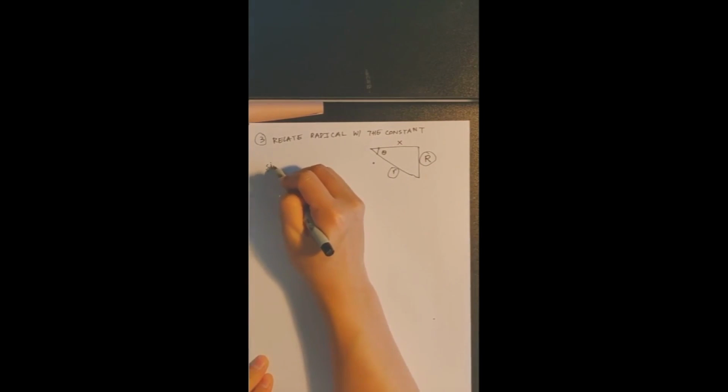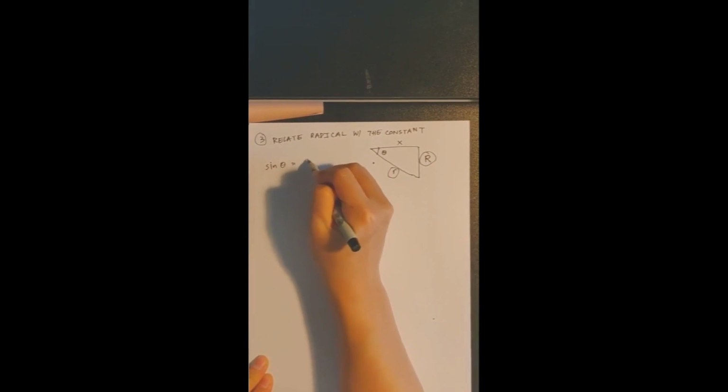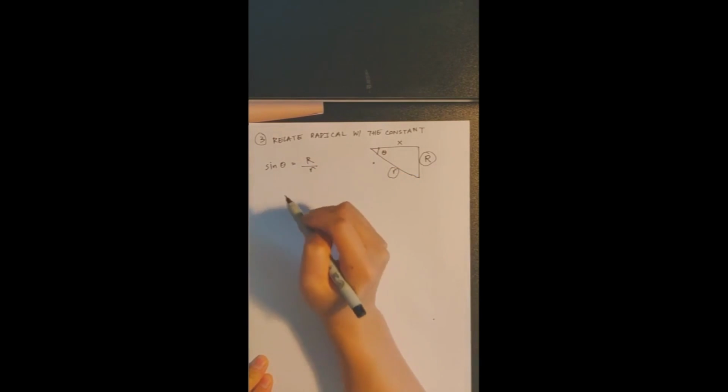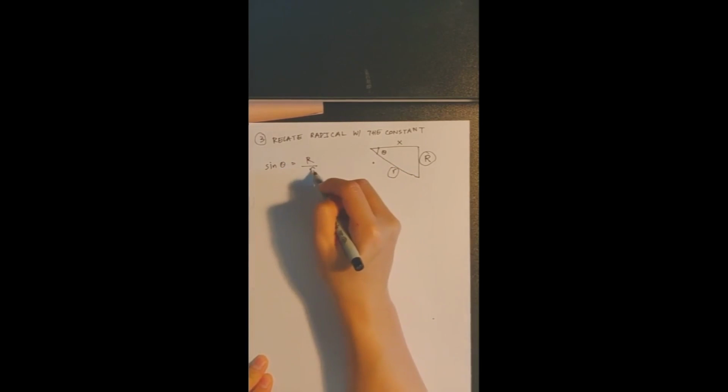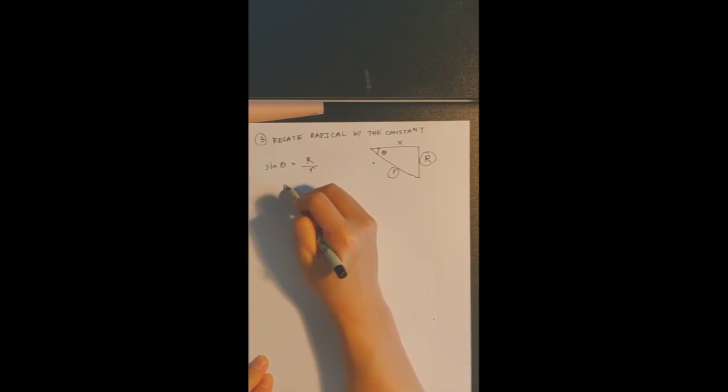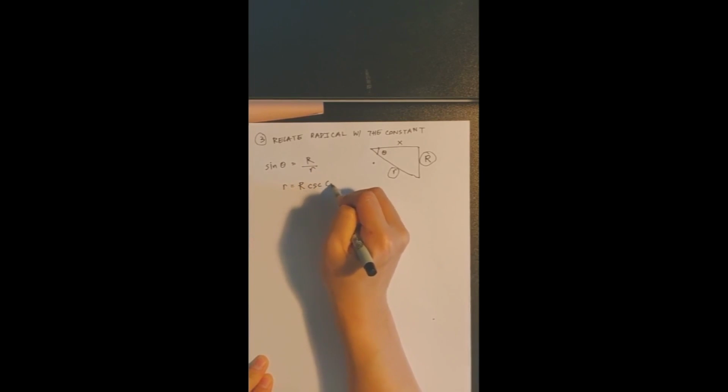So sine theta is equal to R over r. Now we need to solve for r. So I'm going to multiply r over and then bring sine to the other side, meaning that we're just going to have r is equal to R cosecant theta.